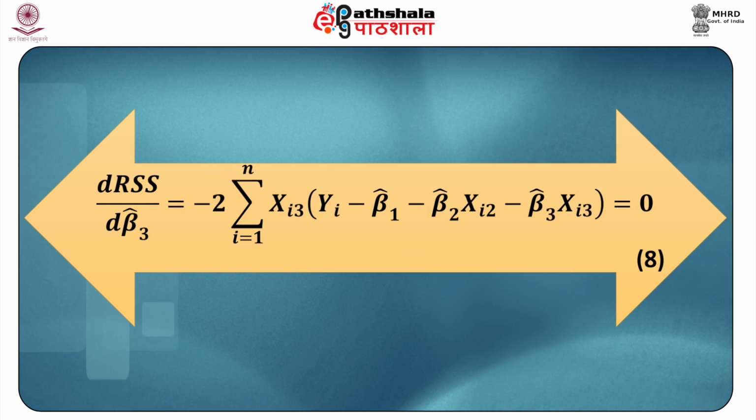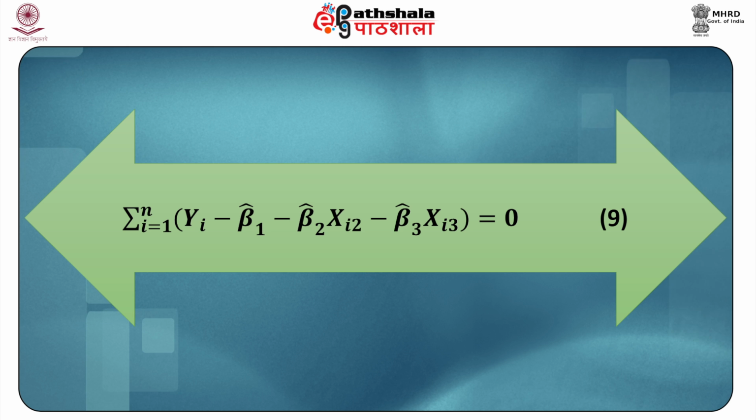Derivative of RSS with respect to beta 3 hat is equal to minus 2 into sigma xi3 into yi minus beta 1 hat minus beta 2 hat xi2 minus beta 3 hat xi3 equal to 0, and is equation 8. You can see a kind of symmetrical expression between equation 7 and 8.